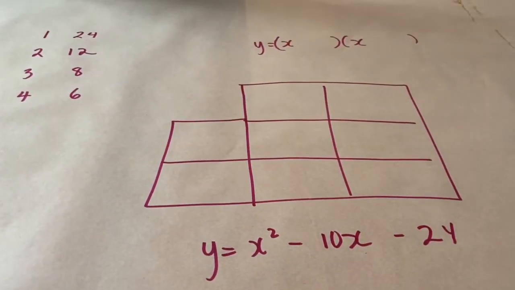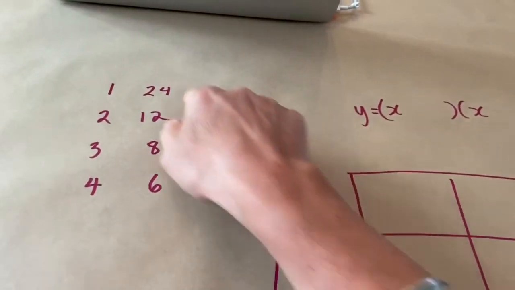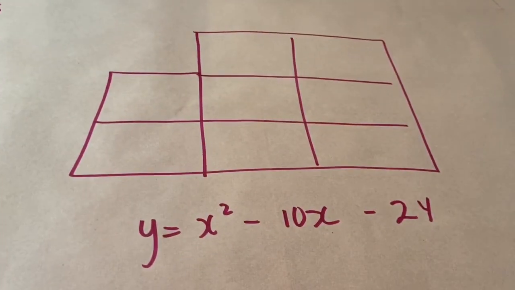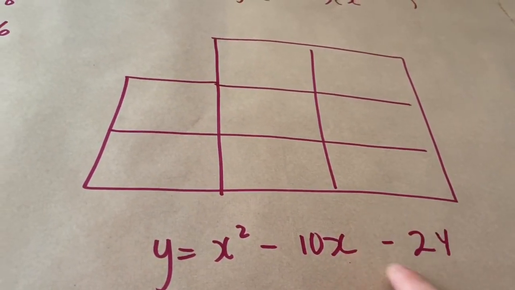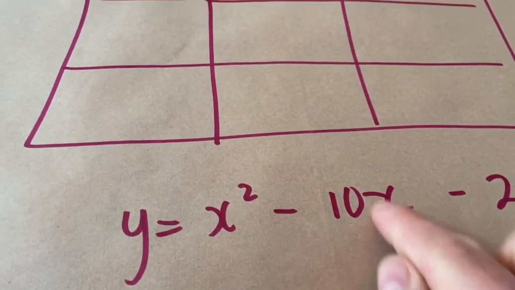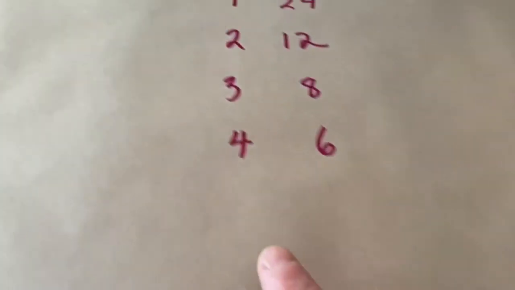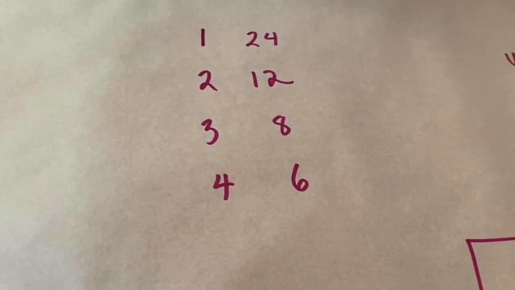Okay, so here's my equation in standard form. These are all the options I got from the chart. I know that one of them needs to be positive and one of them needs to be negative because they're multiplying to a negative 24. I also know I want to get to this negative 10. Now, you might think right away, well, 4 and 6 give you 10.